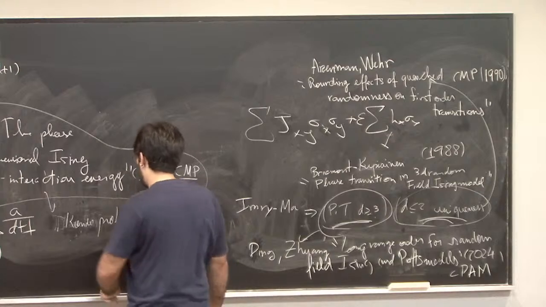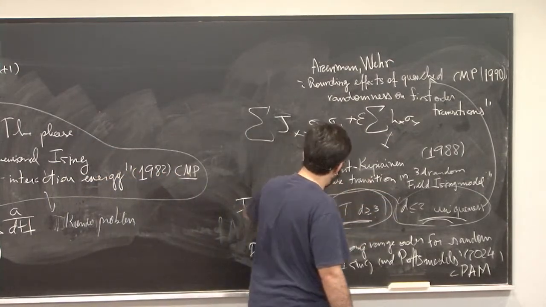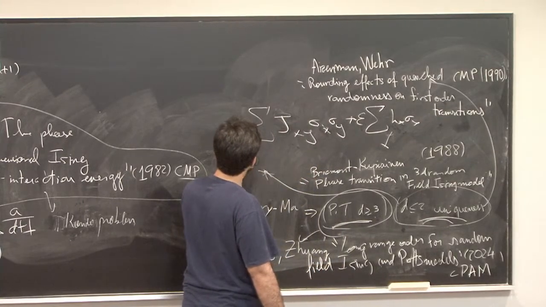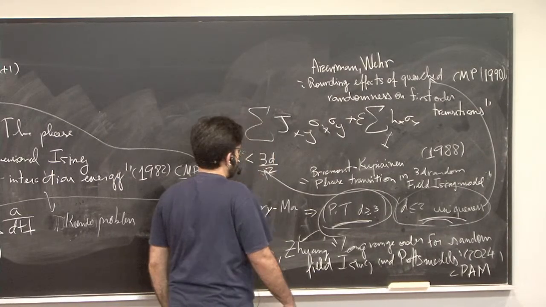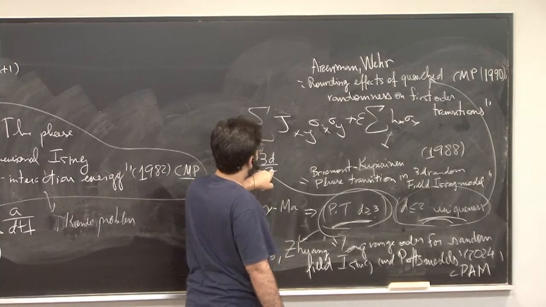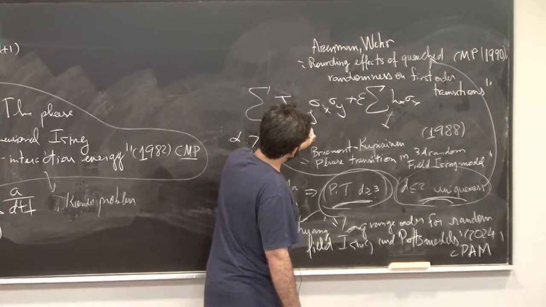For long-range models, the result for uniqueness is that alpha should be larger than 3D over 2, for D equal to 1 or 2.